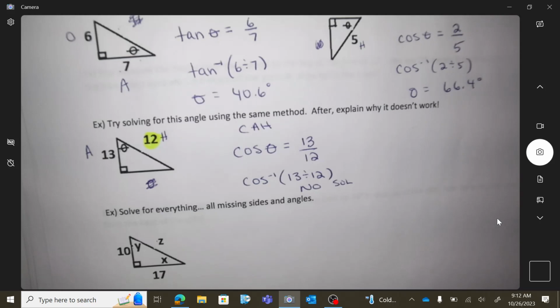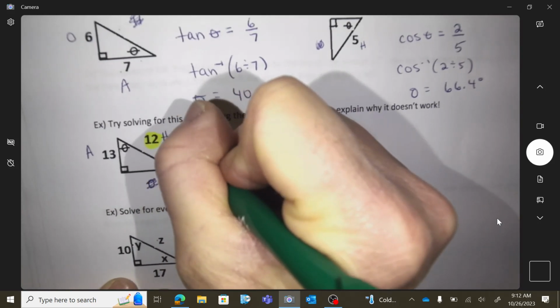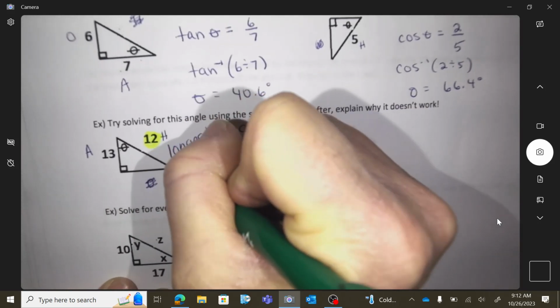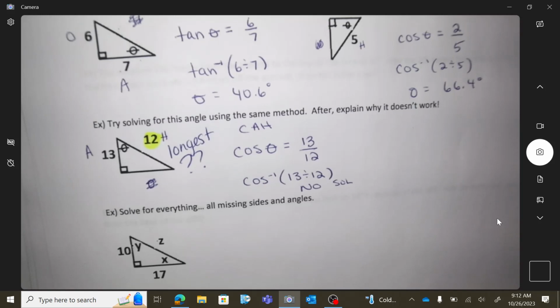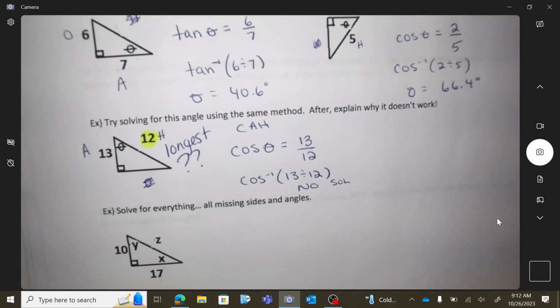So this is a faulty triangle. It's supposed to be the longest side. You can't have a side longer than that in a triangle, or else it's just not working. Hence why mathematically there's an error on that, okay? Because it doesn't work.